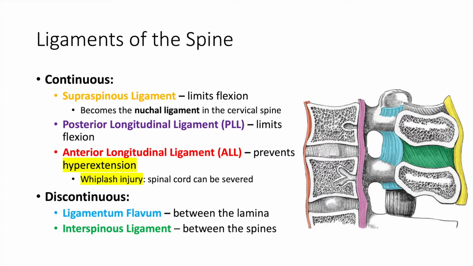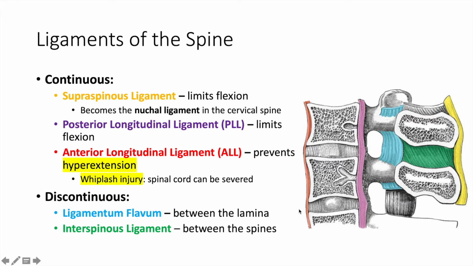The posterior longitudinal ligament, my PLL, is also going to limit flexion. If I flex forward, it's going to be tighter. While my anterior ligament, if I'm flexing, is going to scrunch up and get closer together. But if I bend backwards and extend, that anterior longitudinal ligament is going to prevent extension.